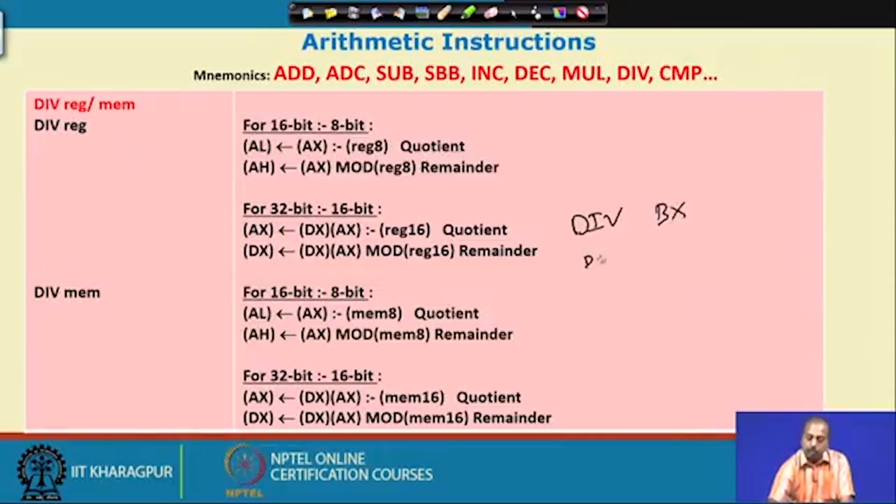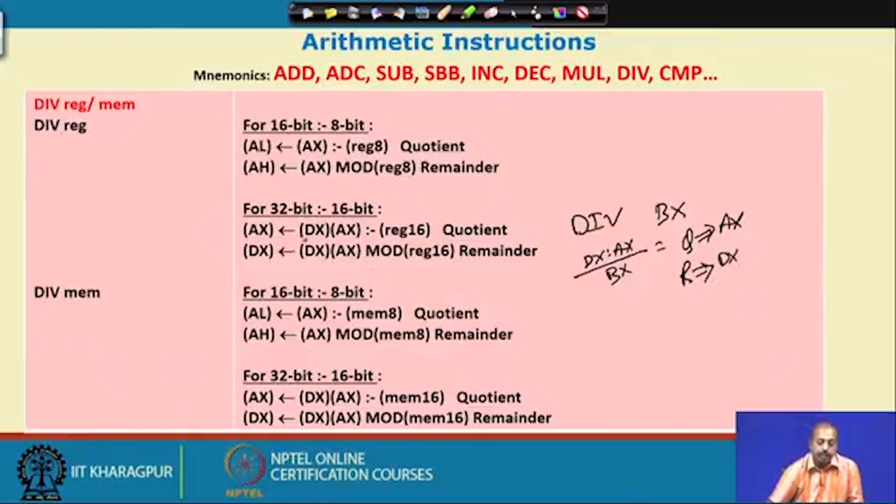So, what will it do? DX colon AX will be divided by BX. This will produce the quotient and the remainder part. The quotient part will be available in the AX register and the remainder part will be available in the DX register. So, this way it does the division.